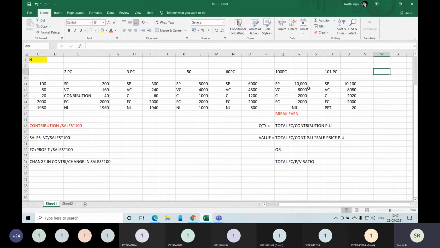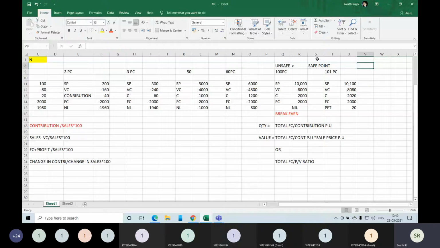So management has realized that till this point it is quite unsafe for them. Yes or no? Till 100 pieces it is unsafe for them. Once you cross this point, at more than 100 pieces, from here starts the safe point, because from here we are getting profits.